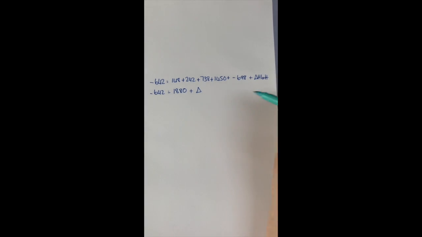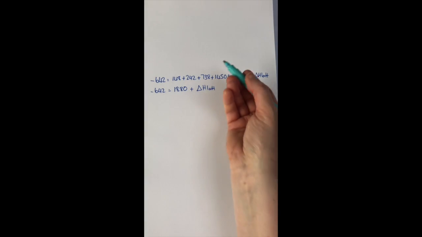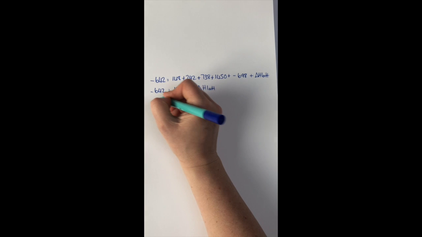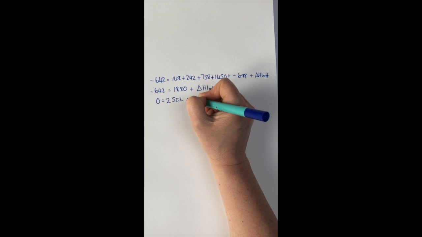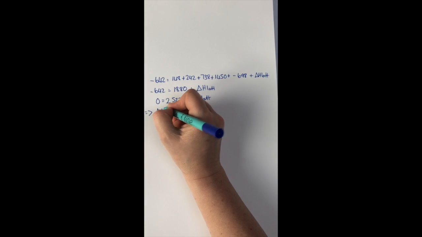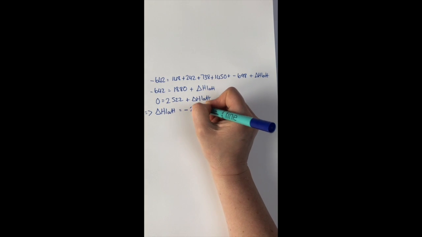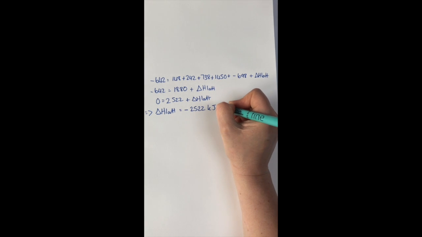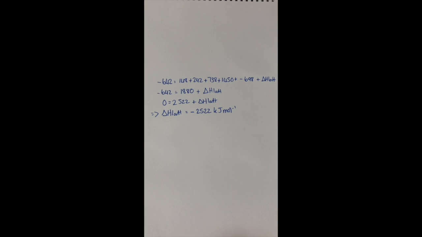Sorry, I didn't add that in, but now we know it's delta H lat in there, like so. So now we can say that 0 is equal to 2522 plus that delta H lat, and therefore by rearranging it we can say that our delta H lat is equal to -2522 kilojoules per mole.